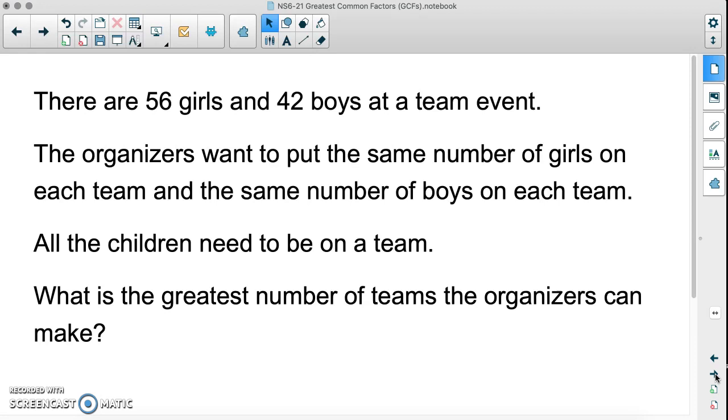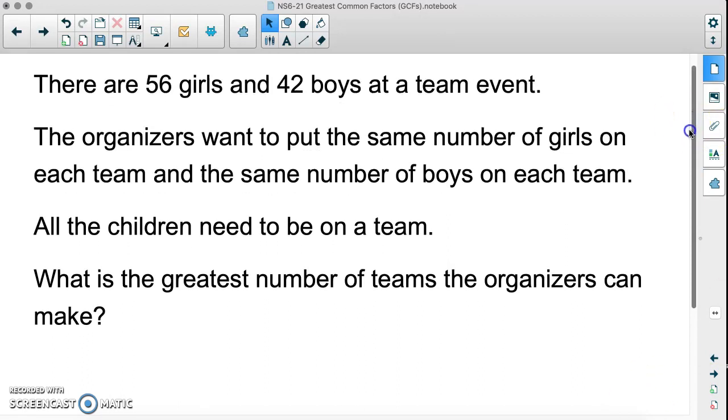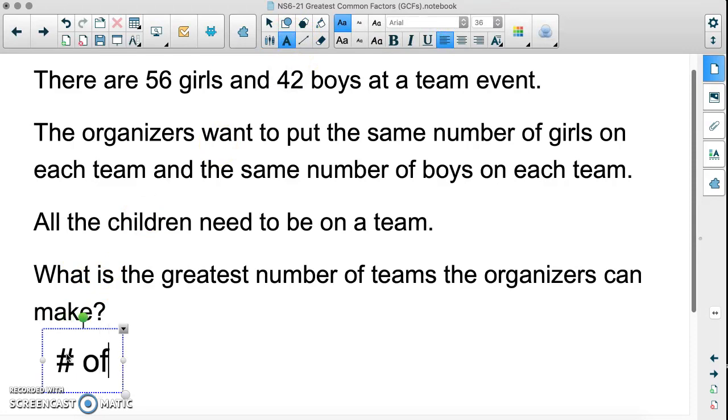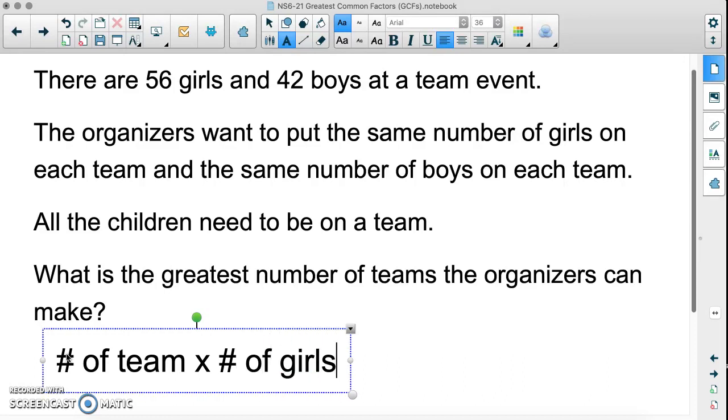So let's start by thinking of the girls. For the girls, I'm going to type this so you can read it: the number of teams times the number of girls on each team needs to equal, we were told, 56.